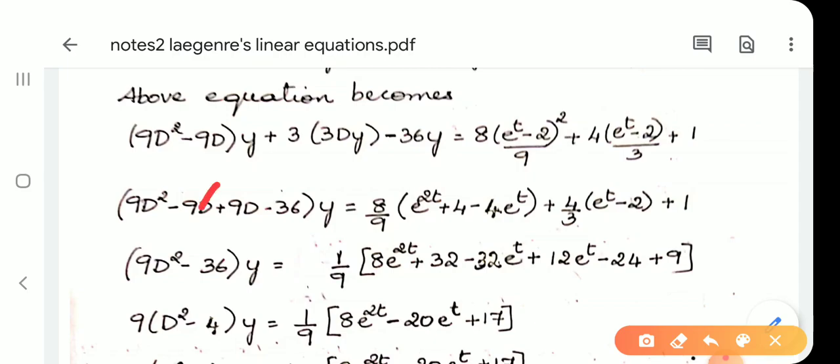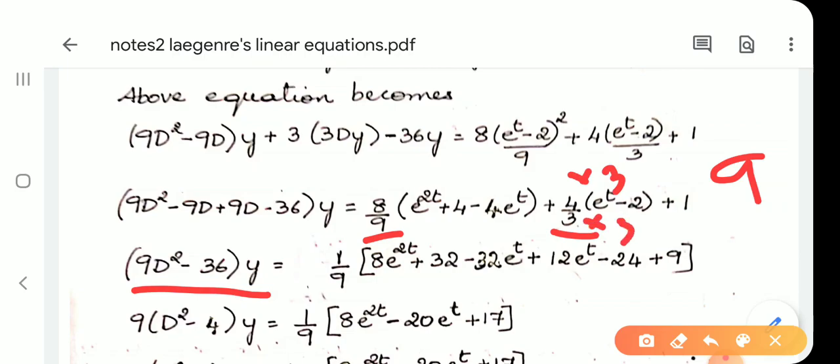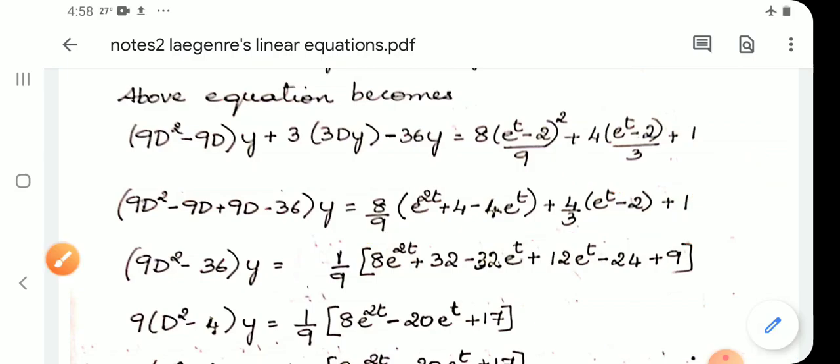On the left hand side, +9D and −9D cancel, hence we get 9D² − 36y. On the right, if we take the LCM of the denominators, the LCM is 9. Here we multiply by 3, so it becomes 12. Here we multiply by 9, so it becomes 9.